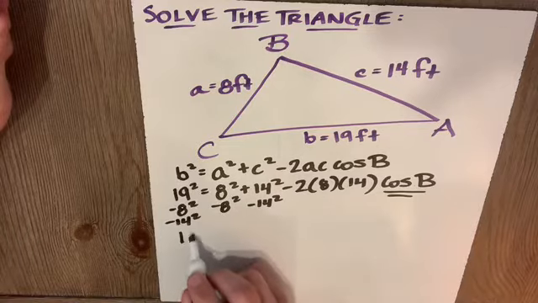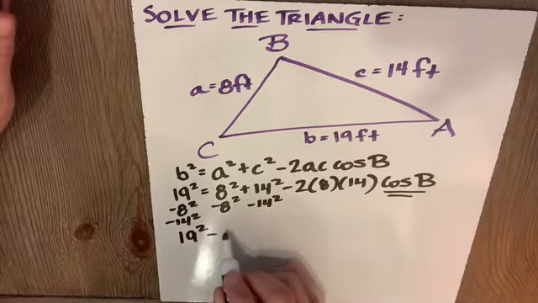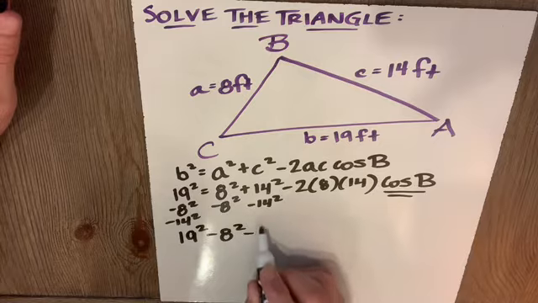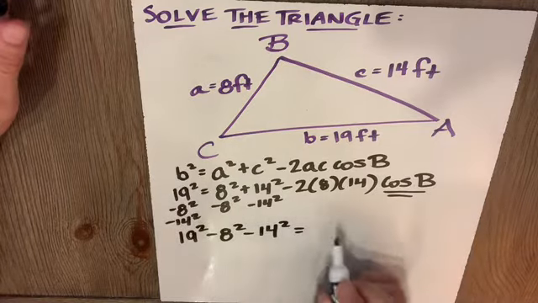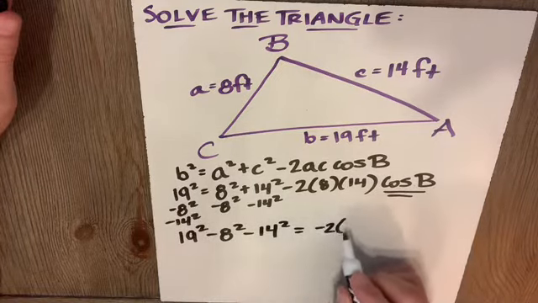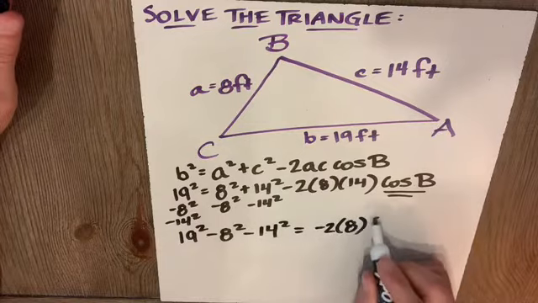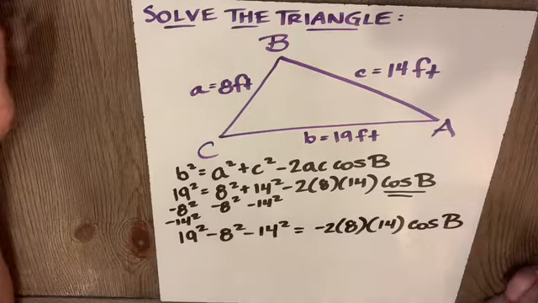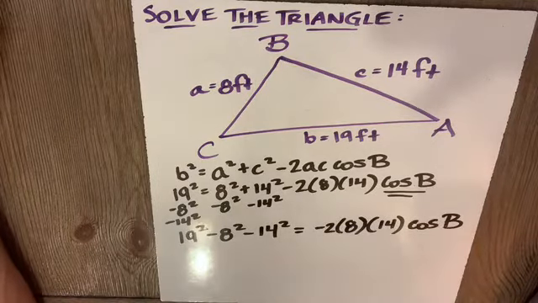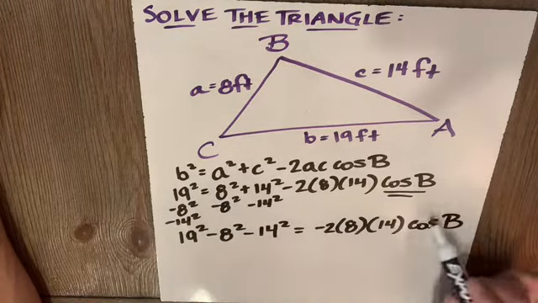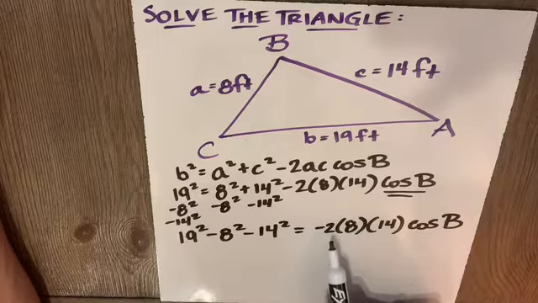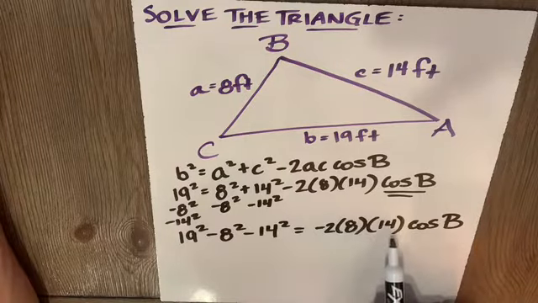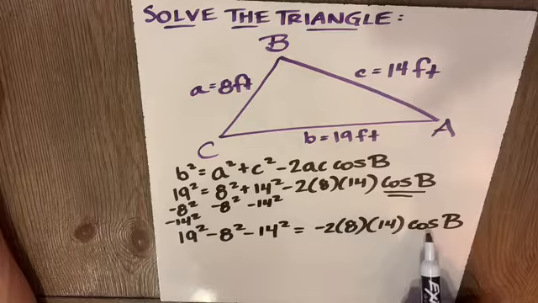So hopefully we can all agree that's going to give me 19 squared minus 8 squared minus 14 squared is equal to negative 2 times 8 times 14 times cosine of b. Now, for the life of me, I feel like students just forget their basics of math when they get this far. Notice what this is. If we consider this our variable, this negative 2 times 8 times 14 is a coefficient of cosine b.